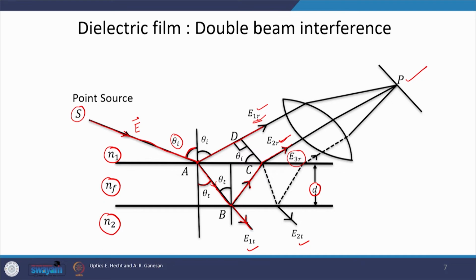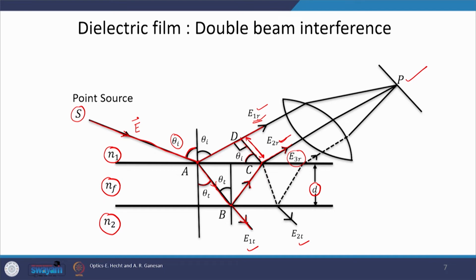Now, given these conditions, we can calculate the path difference between E1R and E2R. We will follow the traditional approach here. We will draw a perpendicular from point C to point D, where D is on ray E1R. This perpendicular will make an angle theta I with respect to the first interface.